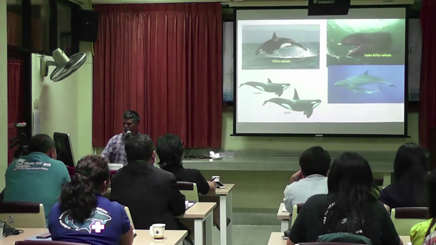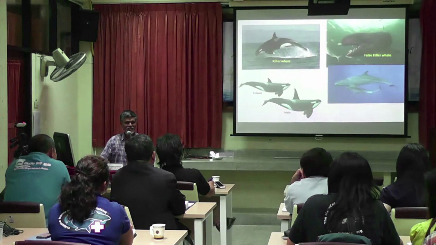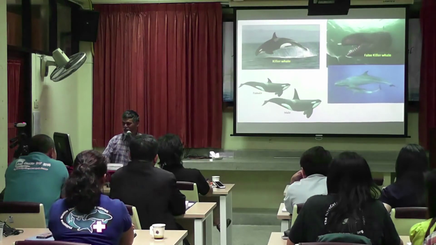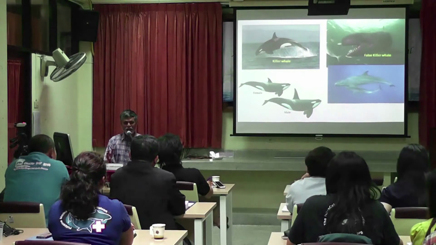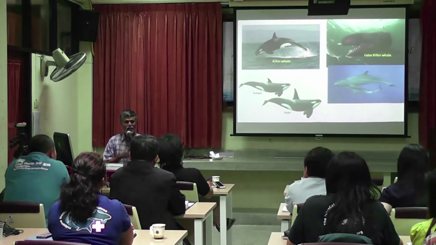Some records show that they even hunt the whale shark. And also when they hunt the gray whale in the USA, that's very strange and very wasteful hunting, because they try to kill the young, the calf of the gray whale, but they do not eat the body. They eat only the tongue and the lower jaw, and leave the body.